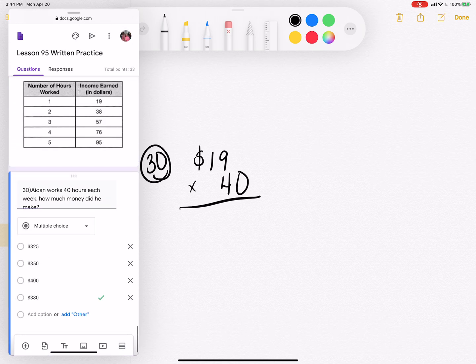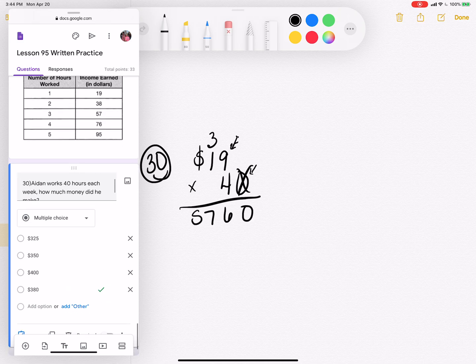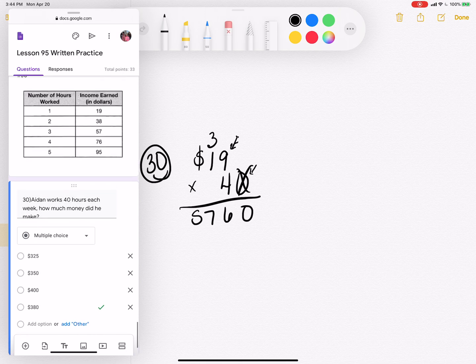$19 times 40, because this is the amount of money they make per hour. These are the number of hours they work. 0 goes in our answer. 9 times 4 is 36. 1 times 4 is 4, plus 3 is 7. $760.